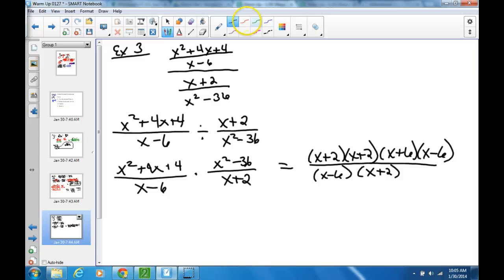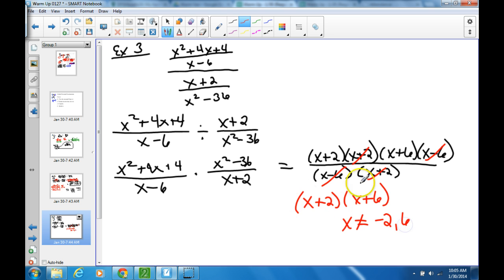So now that I have this factored as far as I can, what can I cancel out? Yep. So my final answer on this one is x plus 2 over x plus 6. And what do my x's exclude in this case? Yep, negative 2 and a positive 6.